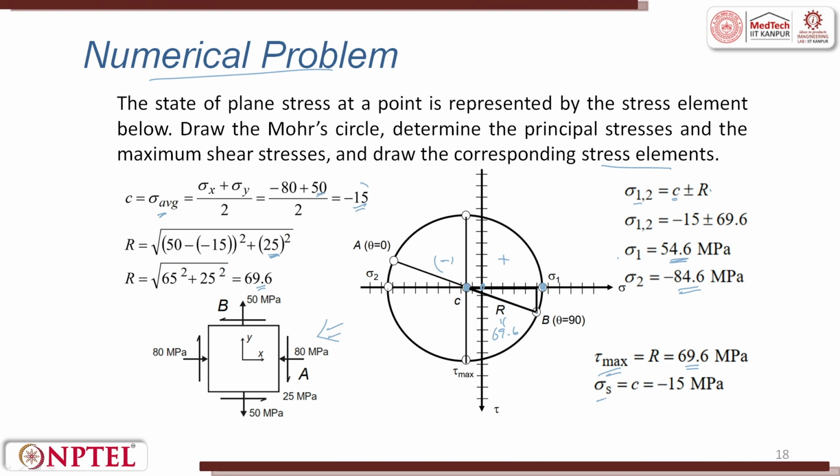What is sigma s? Which is nothing but C average, minus 15. So, from this plane stress element, we are trying to draw a Mohr circle and figure out what is sigma 1, sigma 2, C and R.